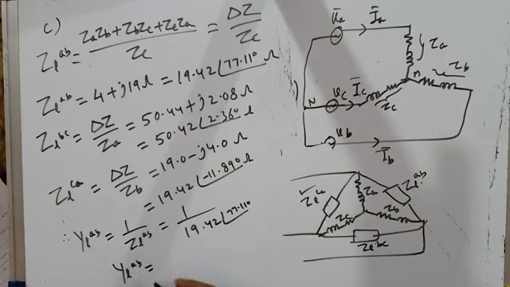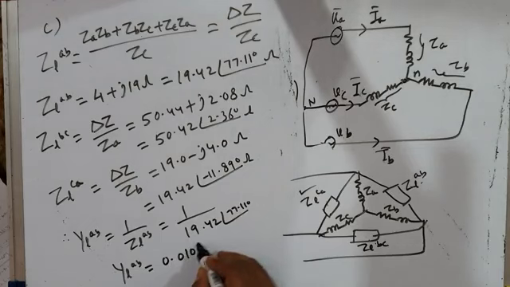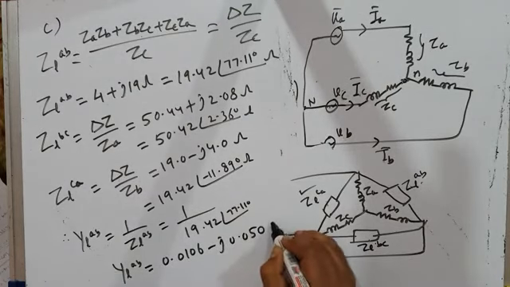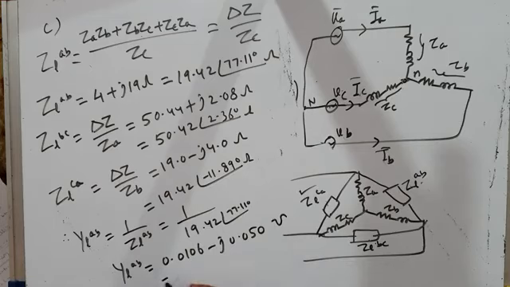YLAB as per my calculations comes out to be 0.0106 minus J0.050 mho. This is the conductance part GLAB plus J, the susceptance part BLAB. GLAB plus JBLAB.